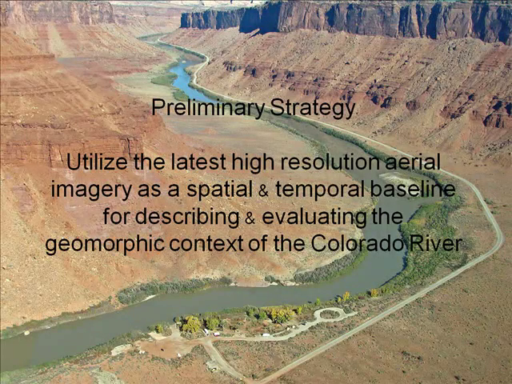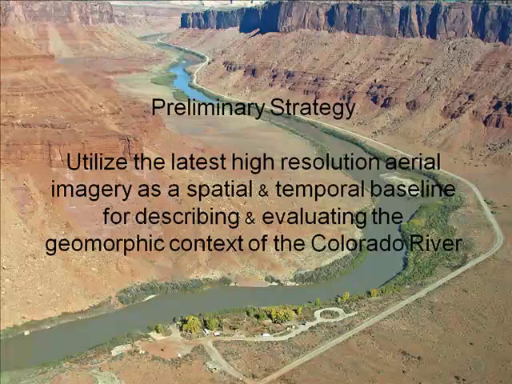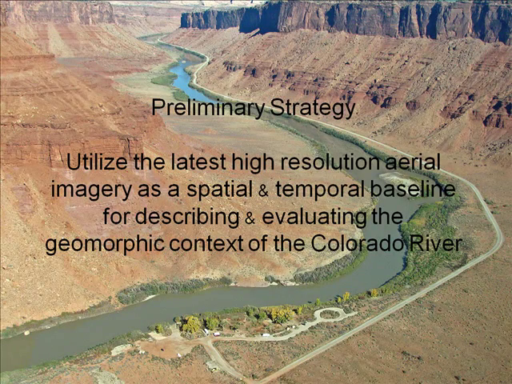To start out, we've gone to basics, and we're using the latest and greatest aerial imagery that we could find to come up with the highest spatial definition of the geomorphology for the region.